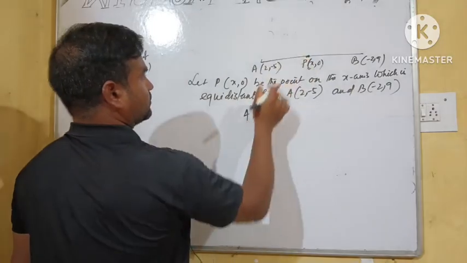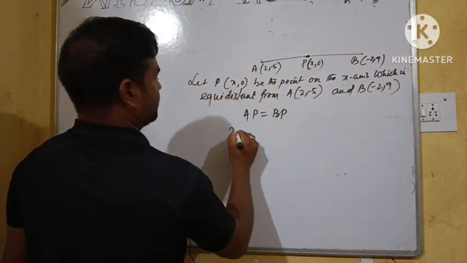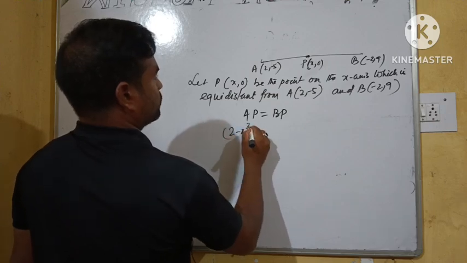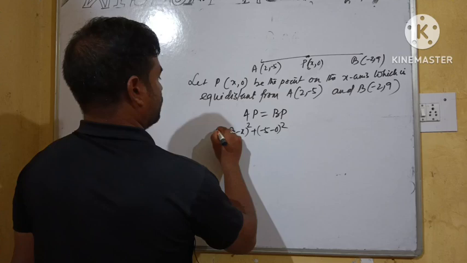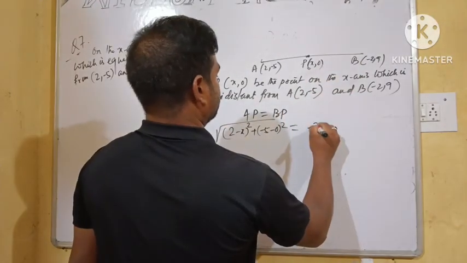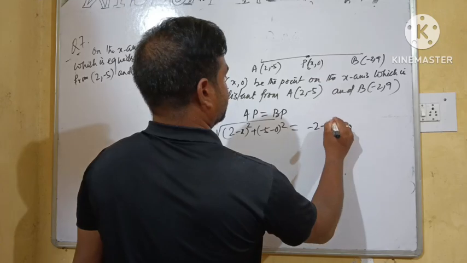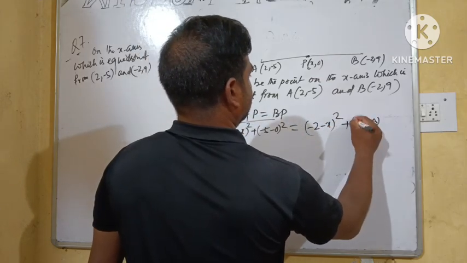So find the distance using the distance formula. The distance AP is the square root of (2 minus x) whole square plus (-5 minus 0) whole square. Similarly, BP is the square root of (-2 minus x) whole square plus (9 minus 0) whole square.